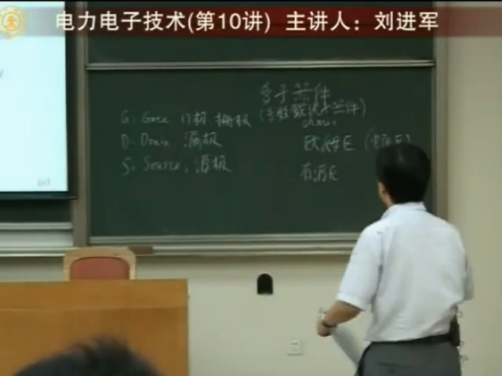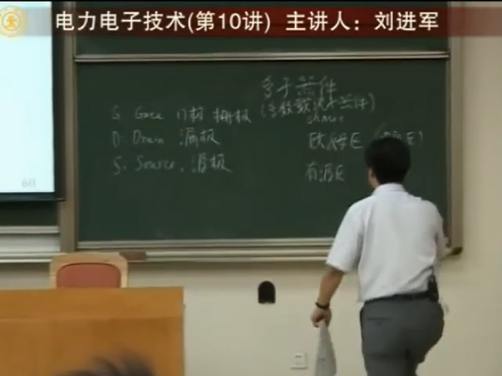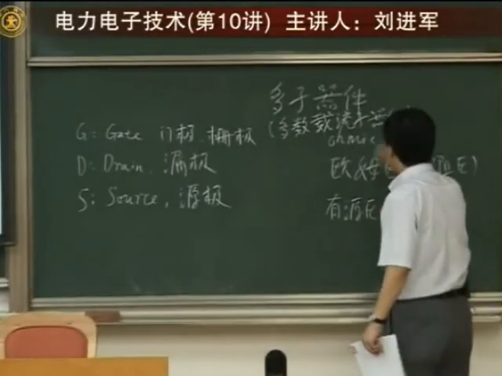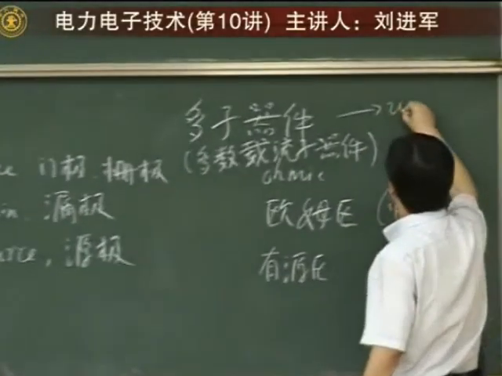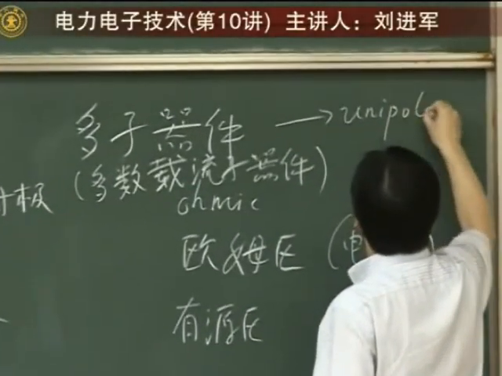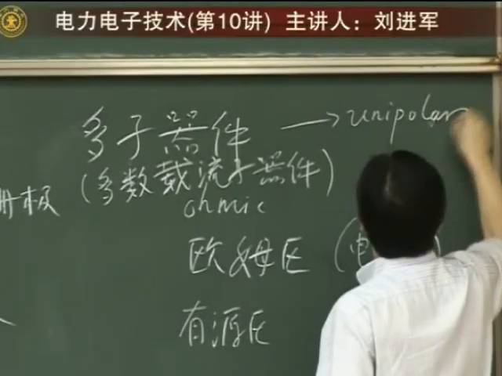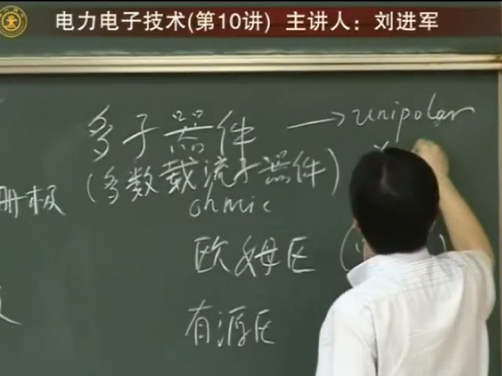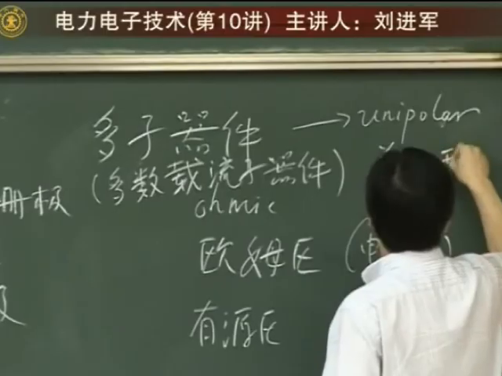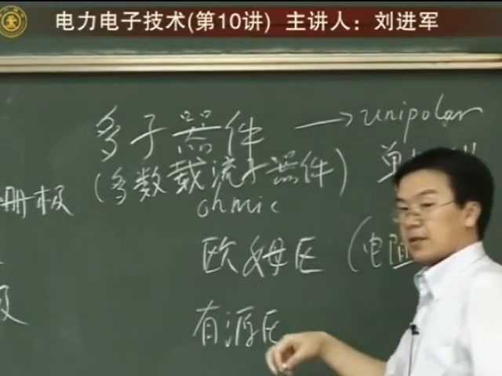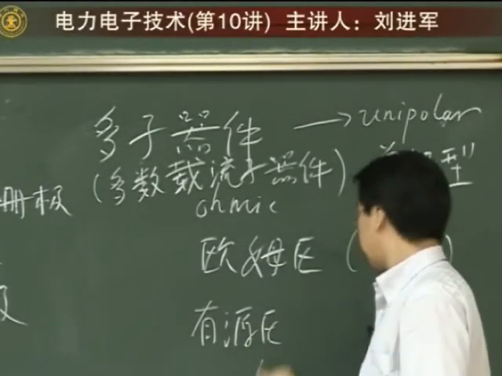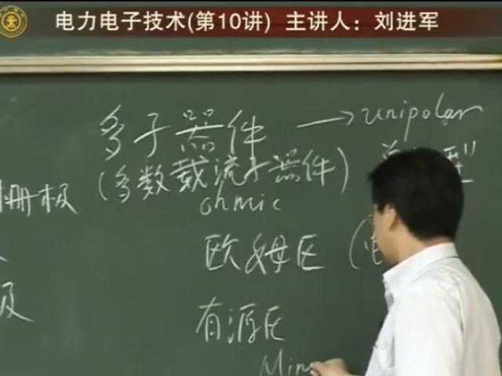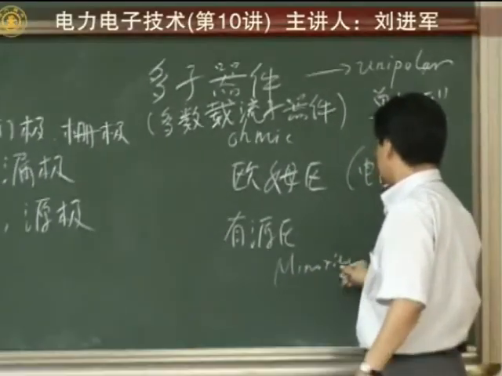Another name for majority carrier device is unipolar device. And then, similarly, minority carrier device.